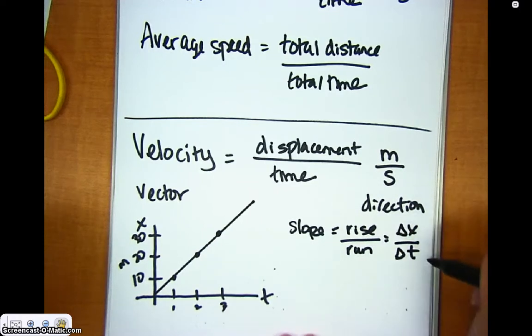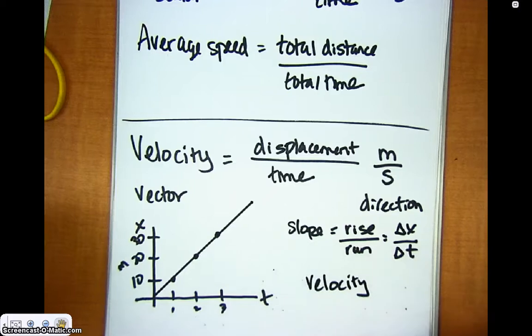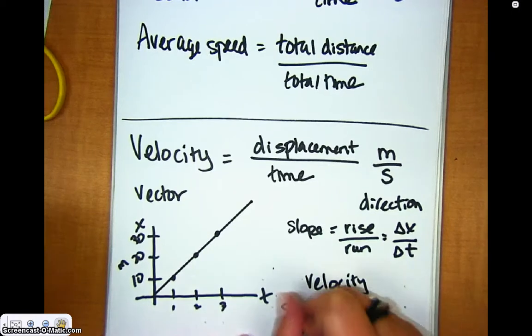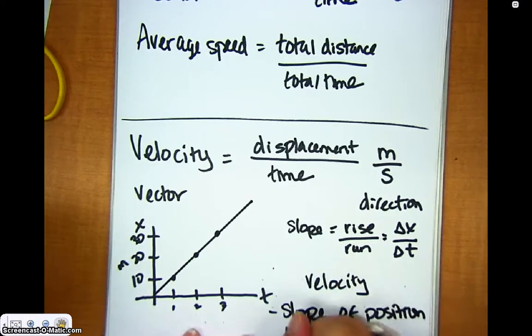What is that the equation for? That is velocity, right? So the slope of a position versus time graph gives you velocity.